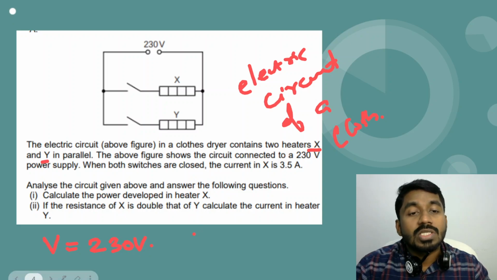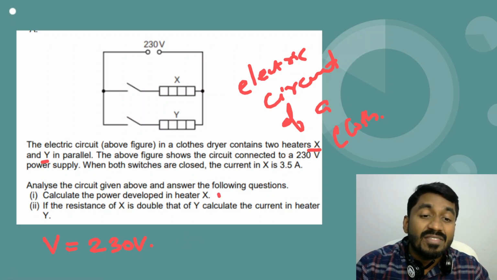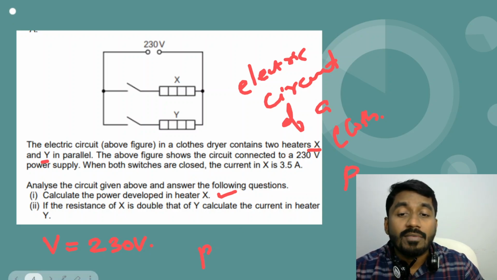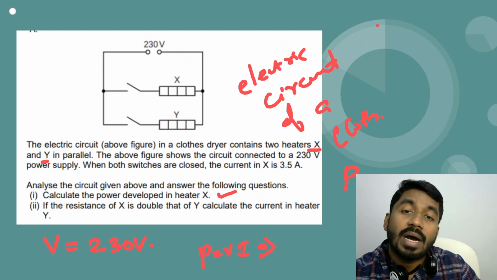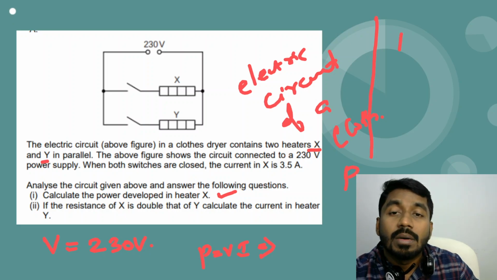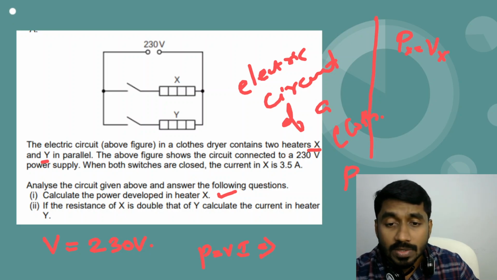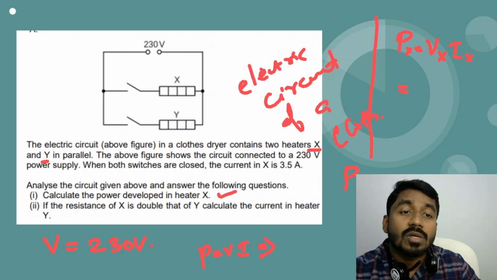And when both the switches are closed, the current in X is 3.5. So we need to find the power developed in the heater X. We know the equation for power is V into I. So the power delivered at X is equal to the voltage across X times the current passing through X. What is the voltage across X?